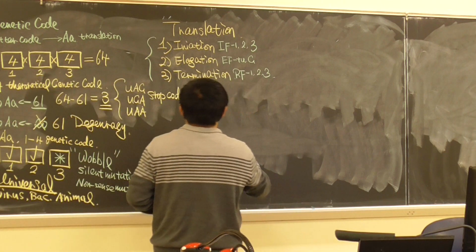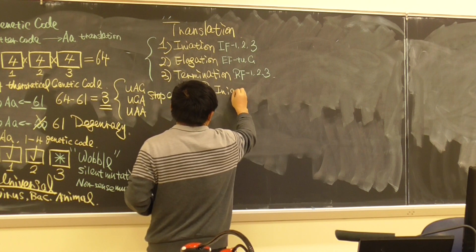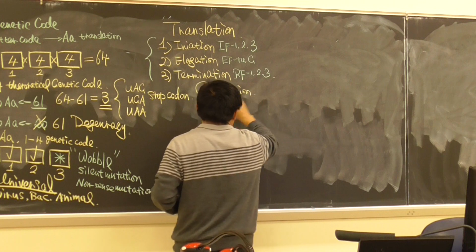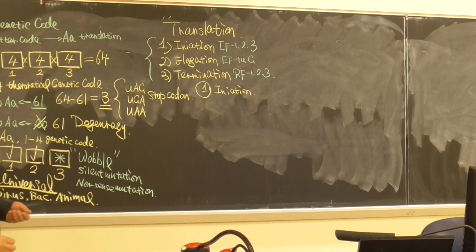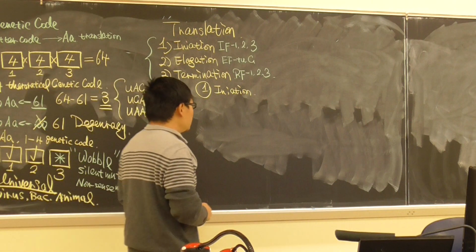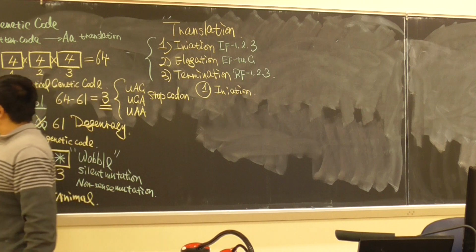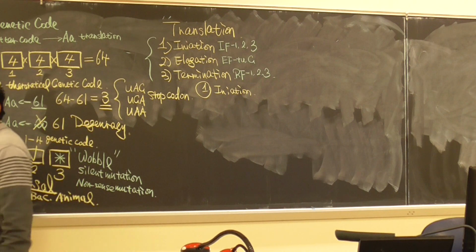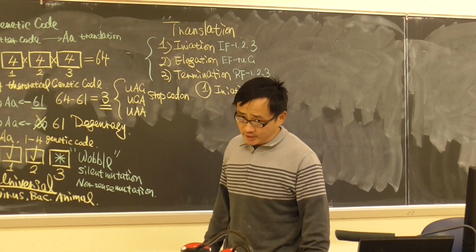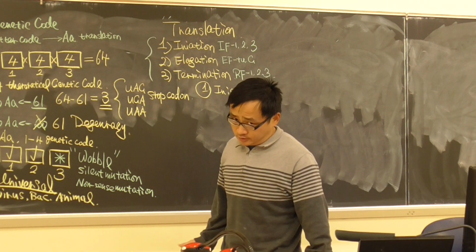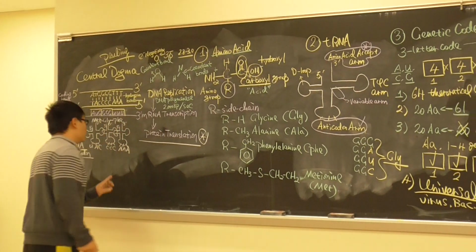Okay, the first thing, number 1, initiation. Before we talk about initiation, we need to go back to talk about the structure of tRNA, and we need to go back to talk about the amino acid, and then we are also going to talk about the RNA and what it looks like.